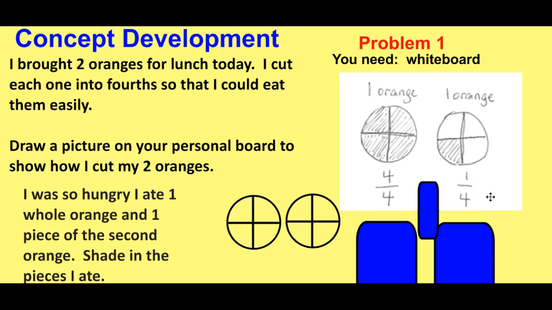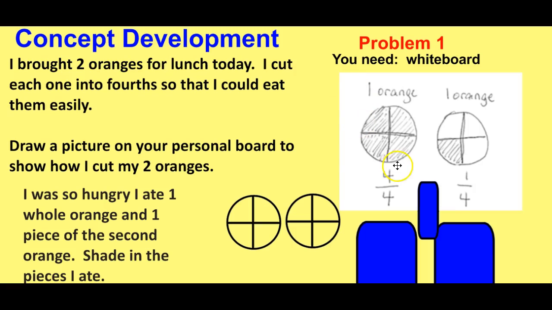When we're working with fractions that are greater than 1, you may say this has 4 parts and this has 4 parts, so our denominator, which is the bottom number, is going to be 8. But that's not true when we're working with fractions. Our bottom number is always going to be how many parts the whole has.